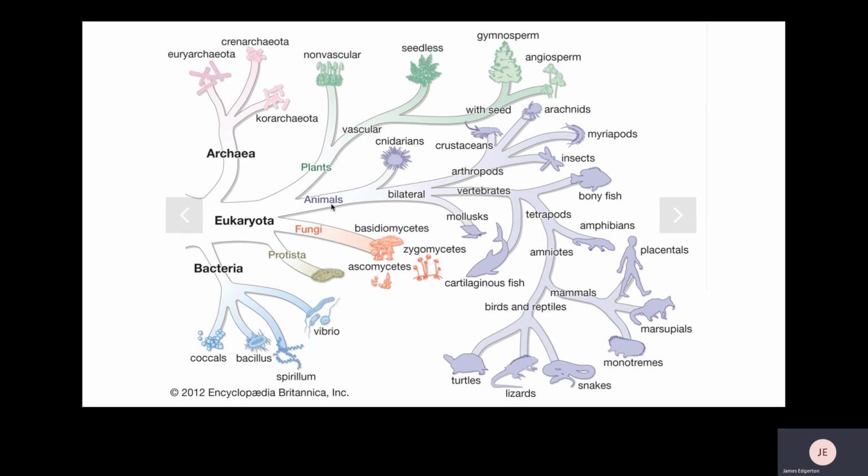They have mitochondria. They consume their food chemically. Protista, again, vary. Some have chloroplasts, some don't. The protista all have mitochondria. And so that gives you a sense of the six different kingdoms.